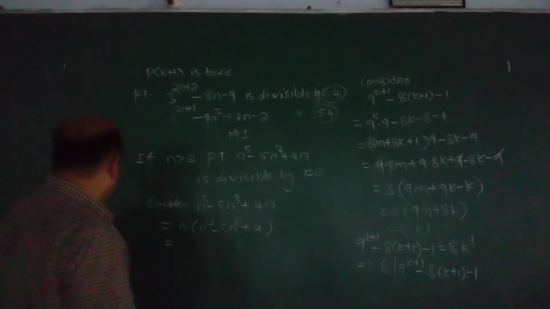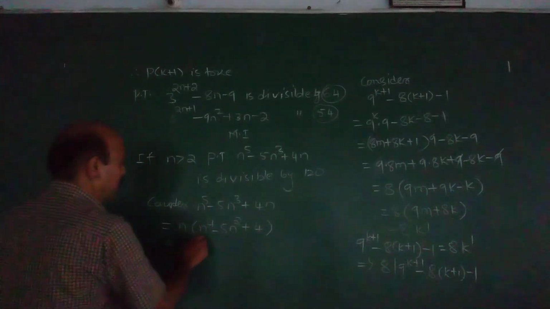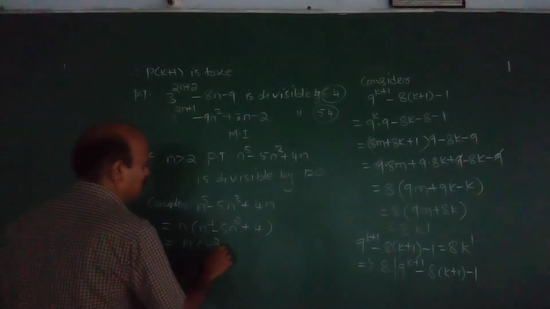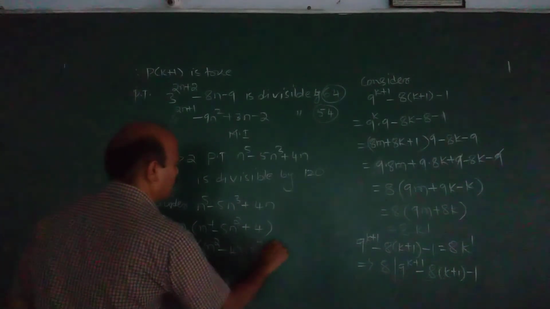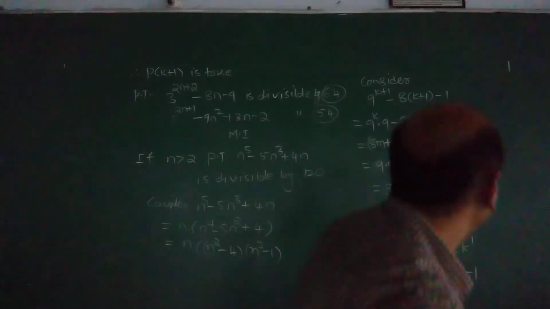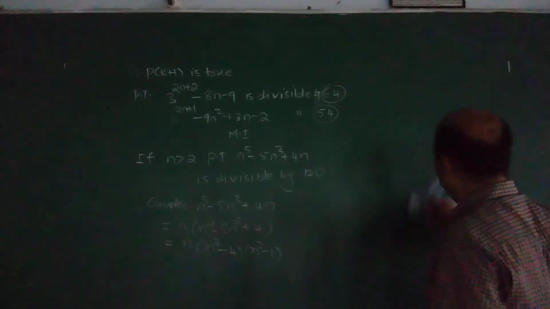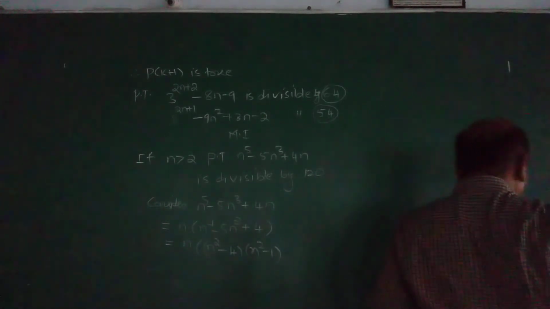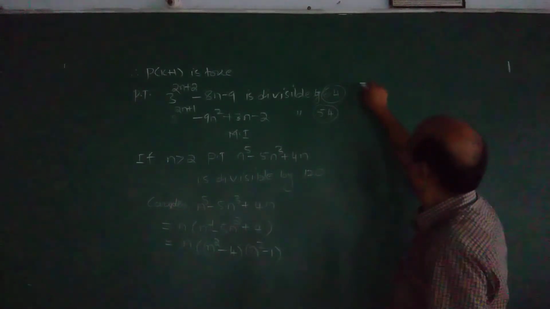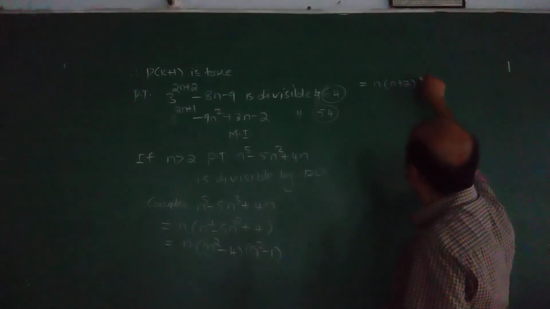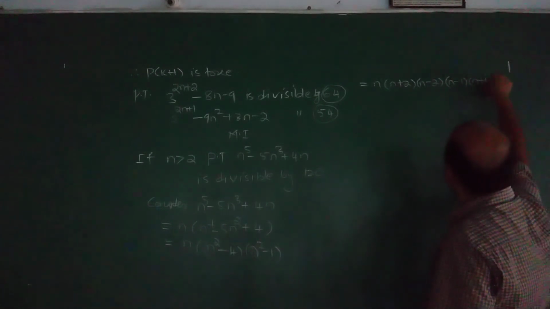We use product of r consecutive integers is divisible by factorial r. n into n square minus 4 into n square minus 1. Factorize like this. It is therefore n into n plus 2 into n minus 2 into n minus 1 into n plus 1.